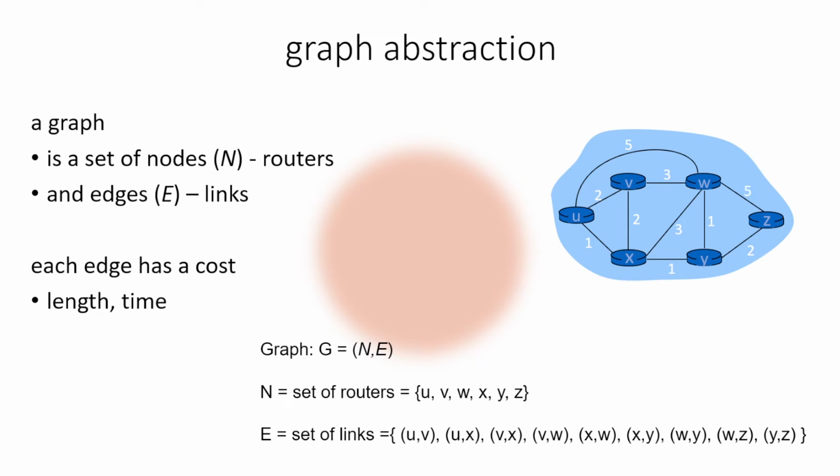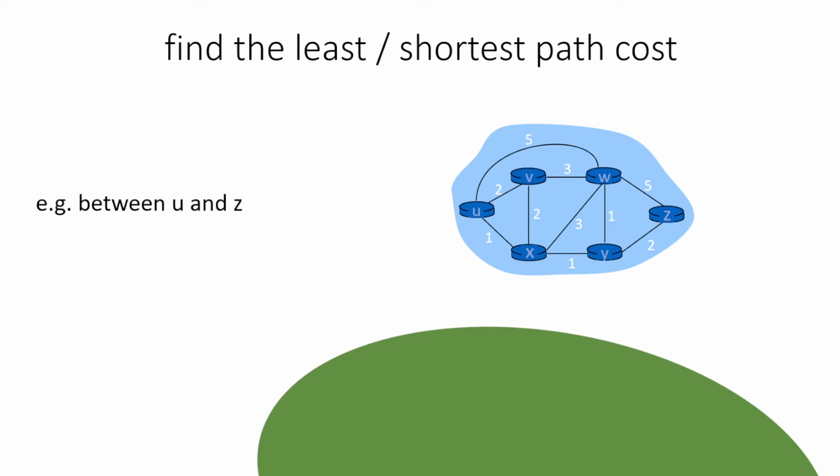So we don't need to go through all the details about how we might abstract or get the shortest path from using a graph, but here we have the example that we've used previously, where in a network we have nodes, or routers, and we've given them a name, U, V, W, X, Y, and Z, and then there's a cost from each node using an edge and a cost on that.